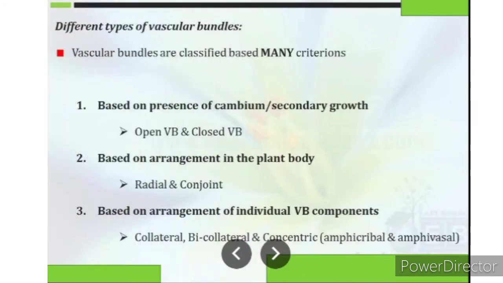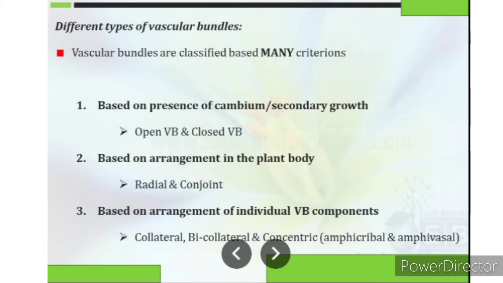Then we discuss the different types of vascular bundles found in plants. There are various criteria through which we can differentiate vascular bundles.